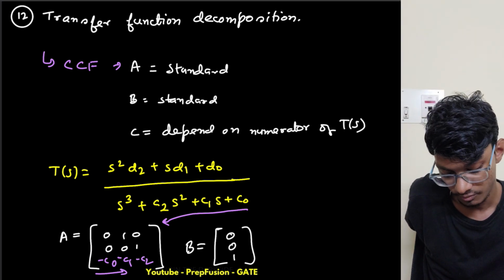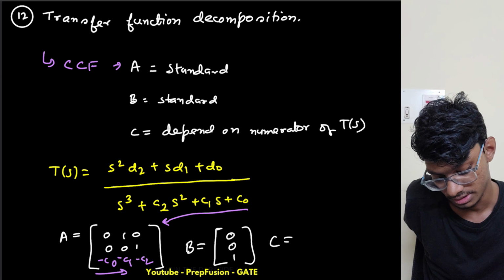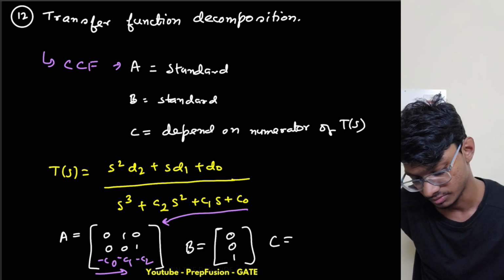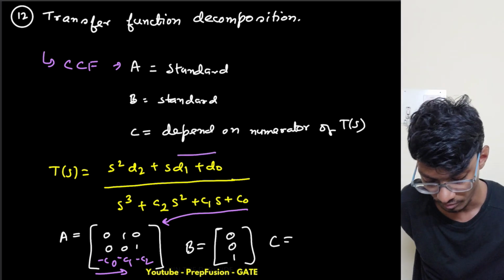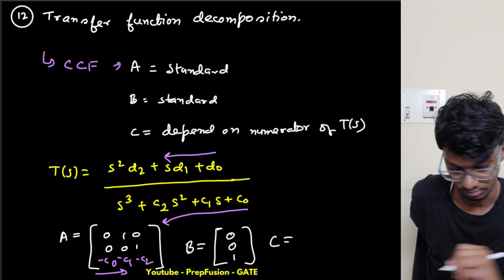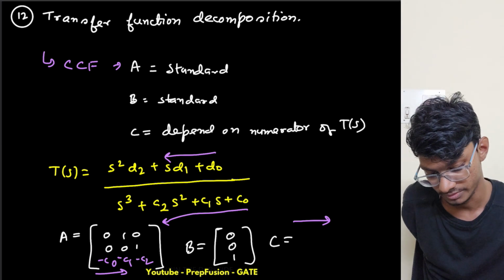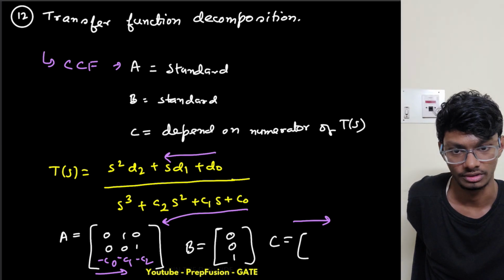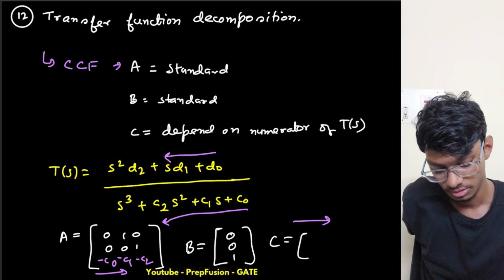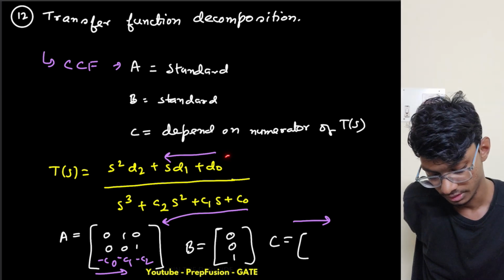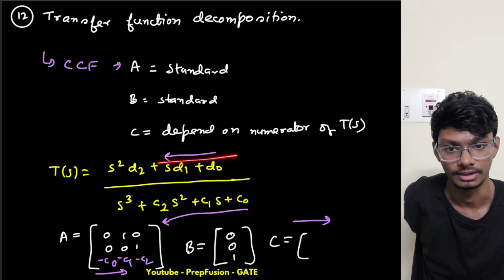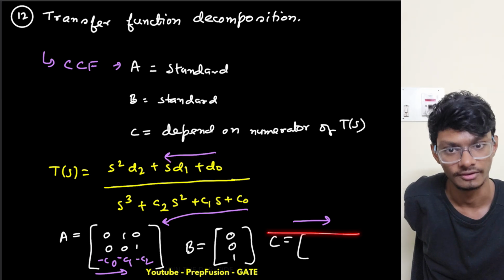And what will be my C? Basically C will be like this one. If I move from here to here, again my direction will change. C will always be a row matrix, as it is a single output only. So if I move from right to left, I will move from left to right, right?